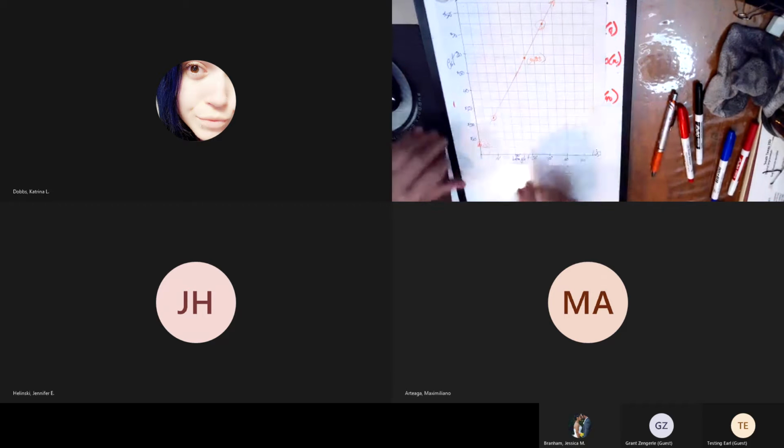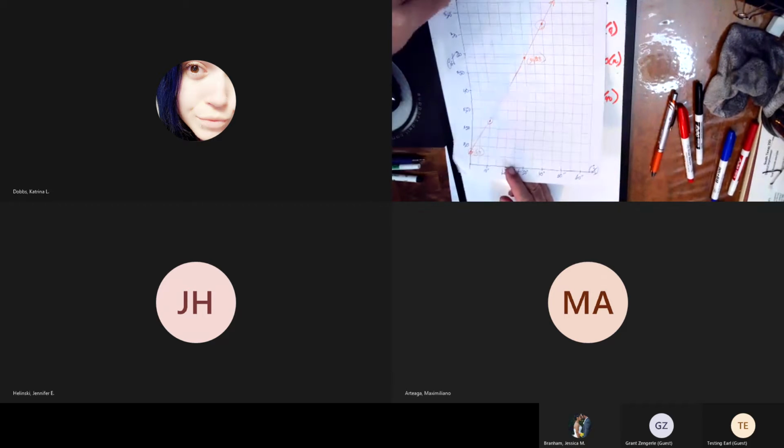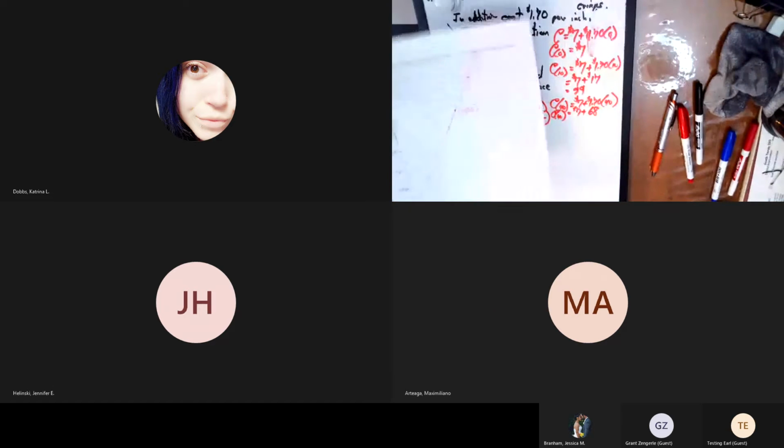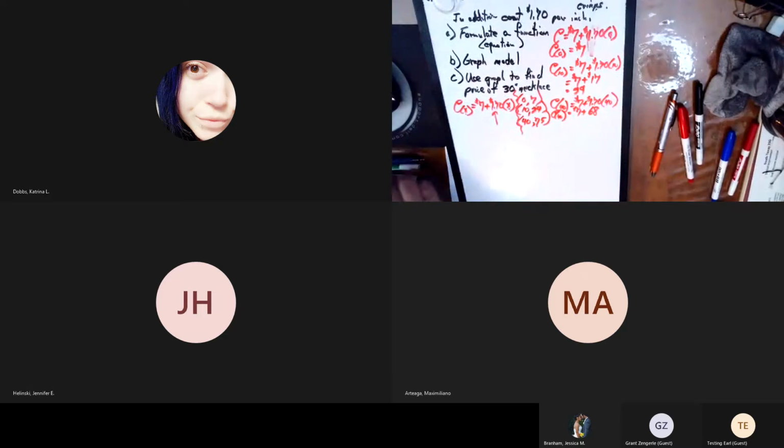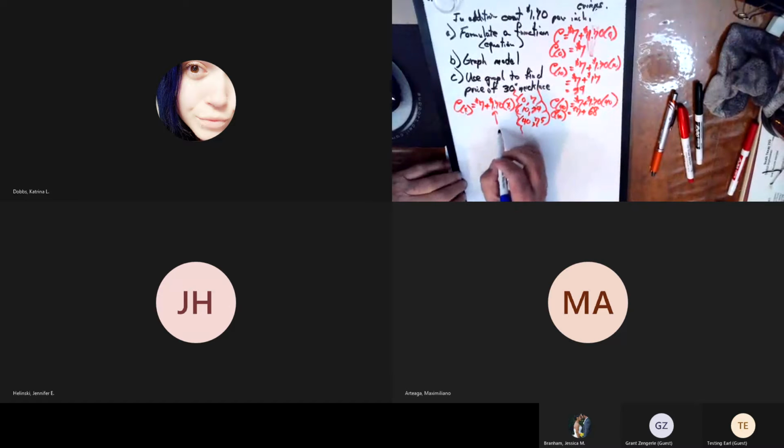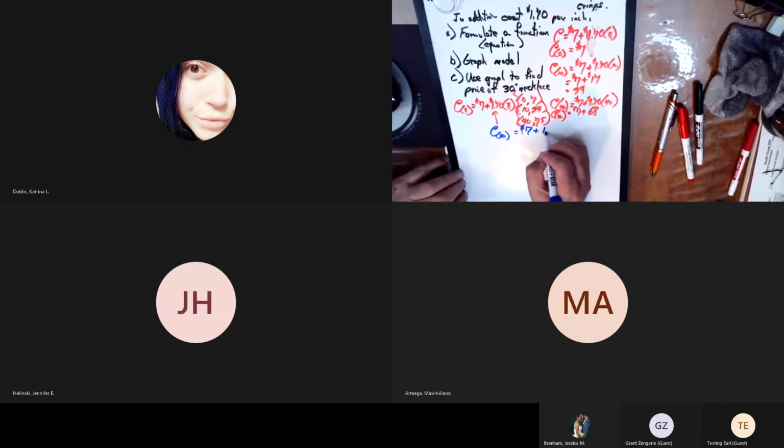Now, I'm going to go ahead and calculate this and make sure that my model came out right. So let's calculate this. The cost for 30 inches should be $7 for the clasp and crimps, plus $1.70 times 30. 17 times 3 is 51, so that's $51.